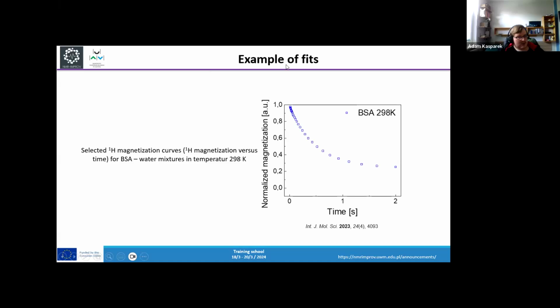And one more time, I will go here. This is actually from the same article with the bovine serum albumin protein, such an example of magnetization. I believe it is magnetization for a frequency of H1, I believe 3.74 megahertz. So give me one moment, I will go to Origin one more time.